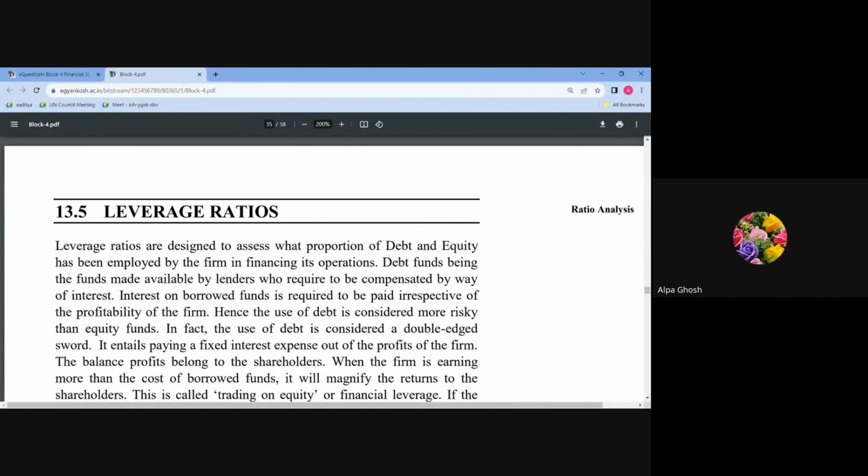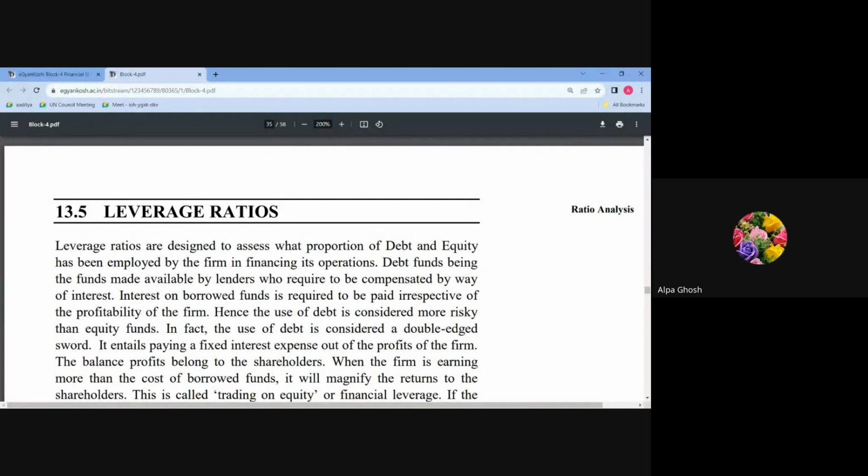Now, the question is of debt. Debt is simply a loan taken from the market, from financial institutions, and even it can be from the public. So when you issue debentures, when you issue bonds, when you take loans from financial institutions, banks, etc., irrespective of your profit and loss in the organization, you are required to pay interest.